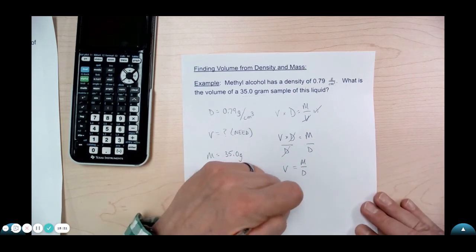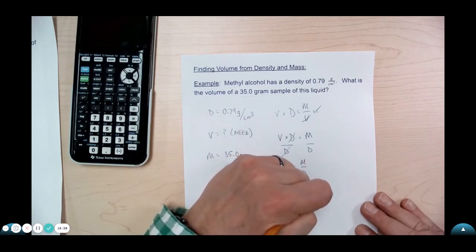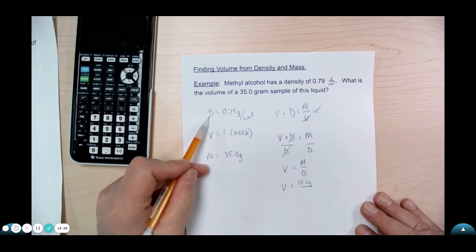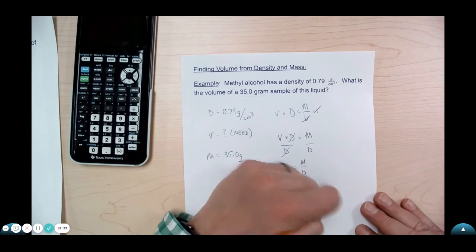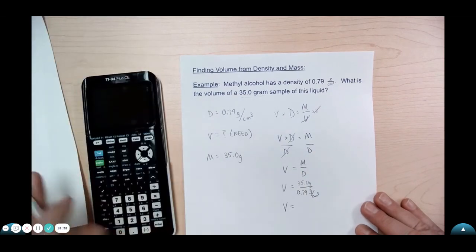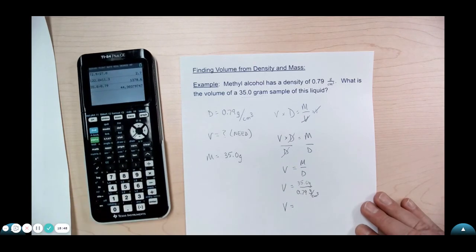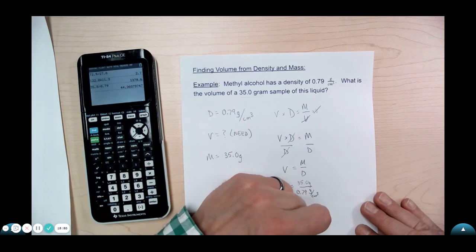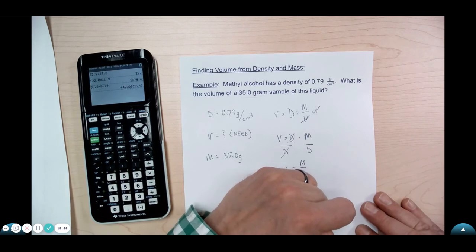So if I plug in my values, my mass is 35.0 grams. My density is 0.79 grams for every cubic centimeter. That turns out to be 44.30379 blah blah blah.